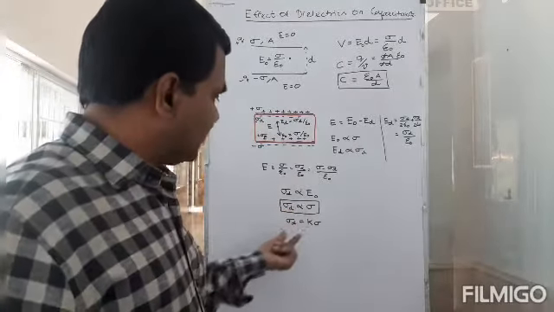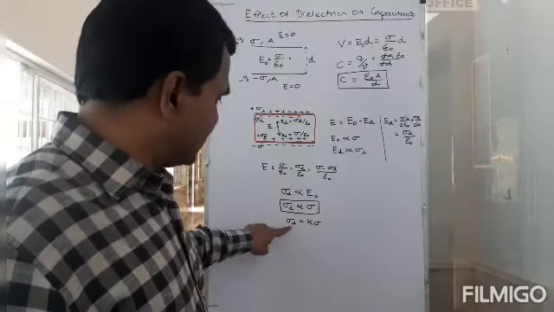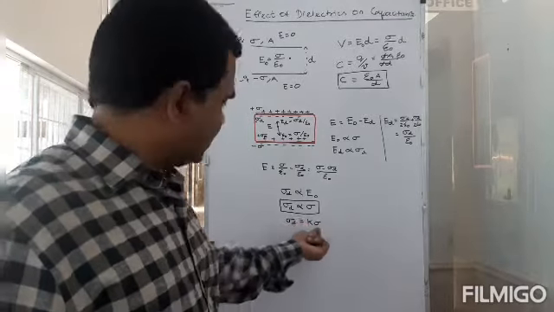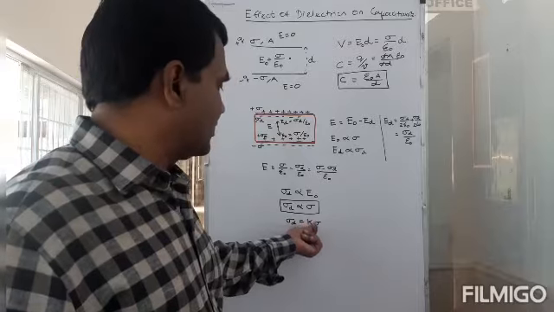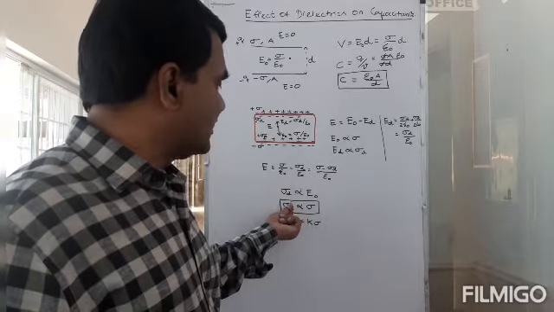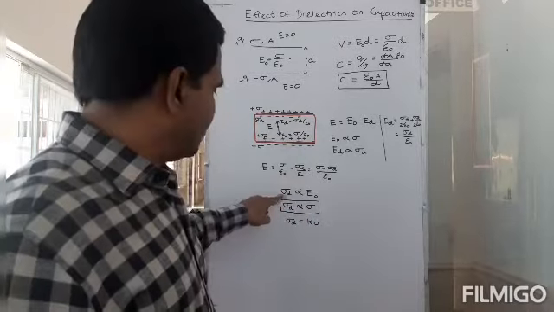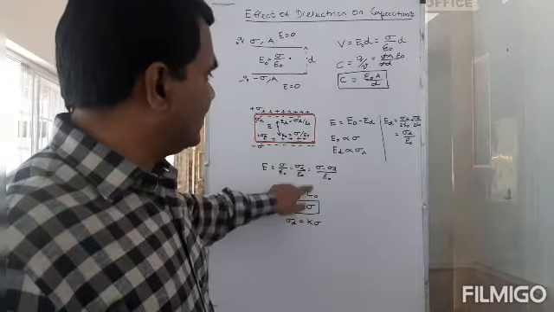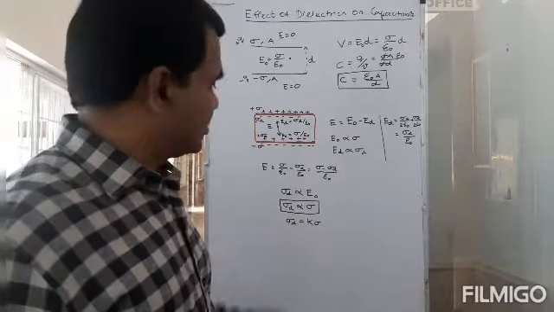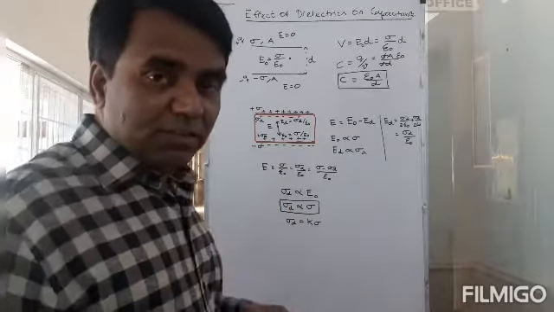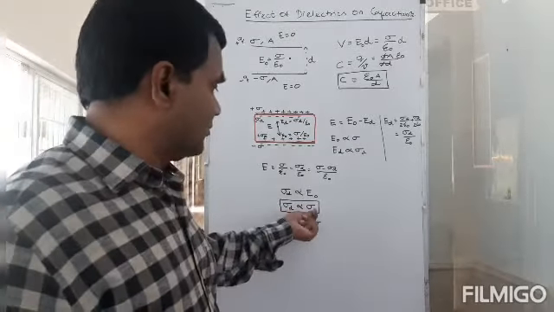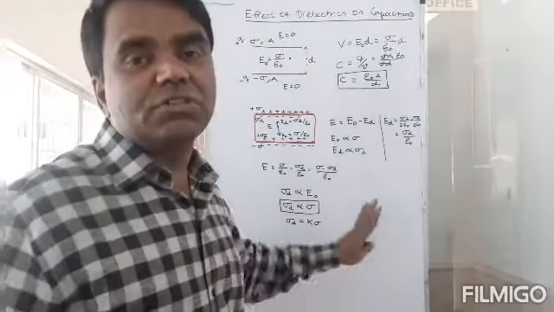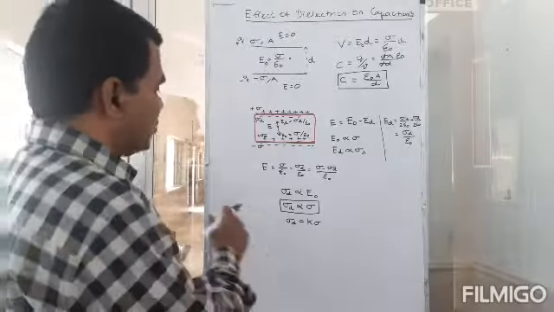But understand that sigma D can be expressed like this. Sigma D is equal to some constant k into sigma, because sigma D is proportional to the applied field, and the applied field is proportional to sigma. So sigma D will in turn be proportional to sigma, and that results in sigma D being equal to some constant into sigma.